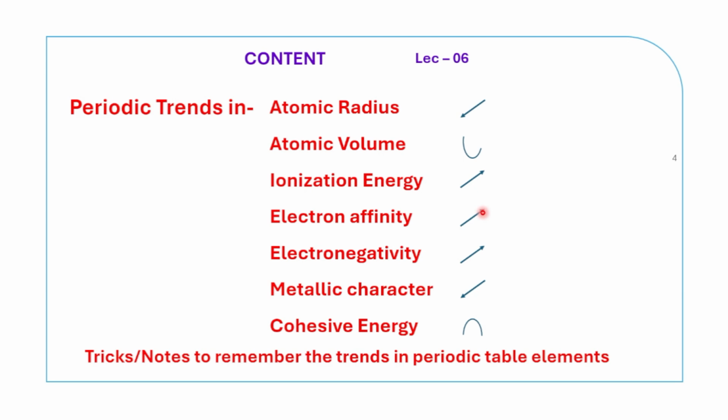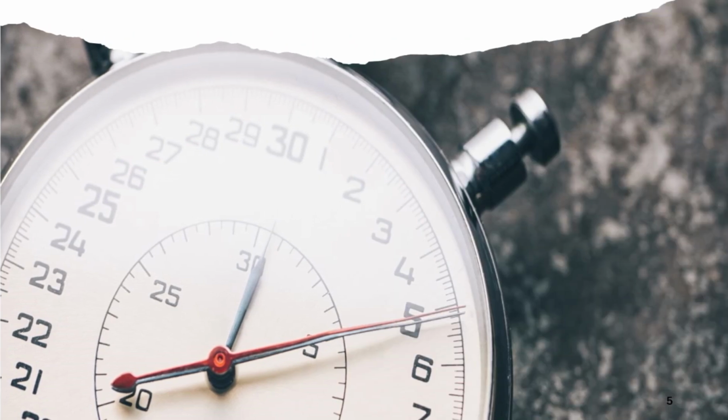So the elements in the upright side have higher ionization energy, electron affinity and electronegativity. These things we are going to discuss in detail today. So without wasting any time, let's start the video.